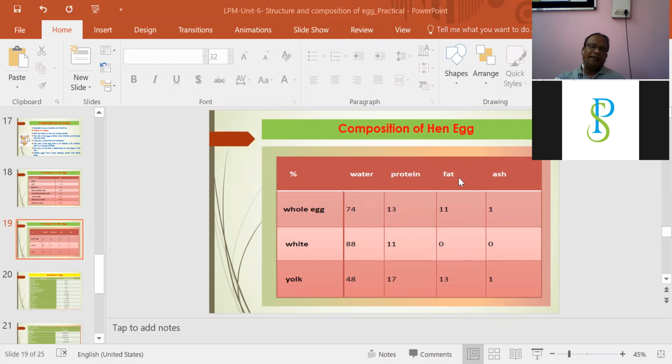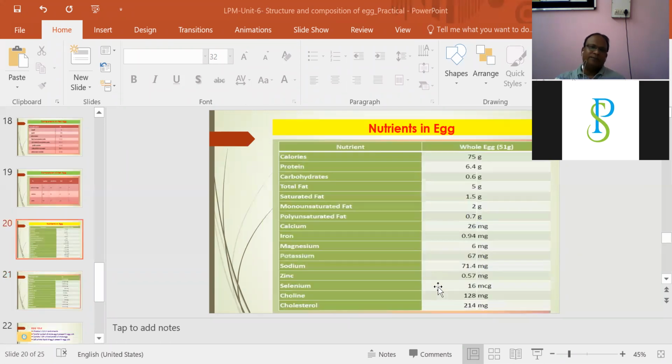The fat is very high in yolk. Because yolk also contains cholesterol, persons with health problems like high blood pressure or heart disease are advised to remove the yolk and eat only the egg white, that is albumin.